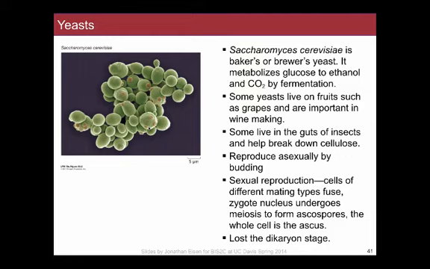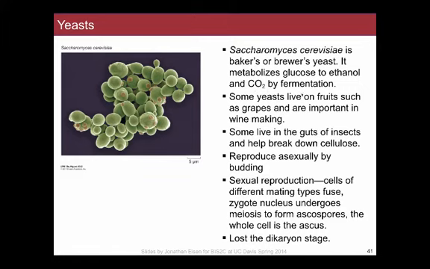They're found throughout the different lineages of fungi, but one of the key yeasts to our lives is in this group, Saccharomyces cerevisiae, also known as baker's and brewer's yeast. One of the key things that it does is it's really good at metabolizing sugar, in particular glucose, and converting it into ethanol and carbon dioxide by this process of fermentation.